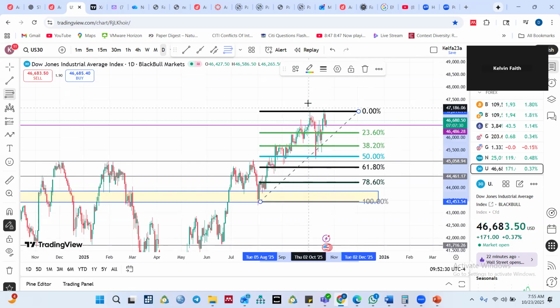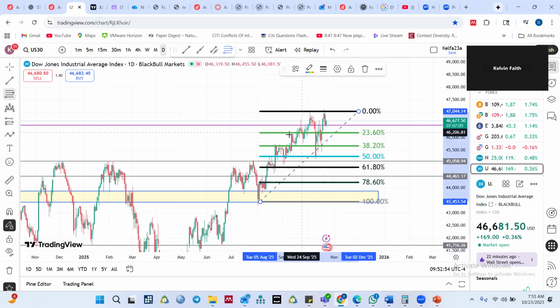We have price pulling back. The first pullback came straight into 50% equilibrium, and then we moved to the upside, giving us relative equal highs, sweeping the previous high and then pulling back into the range.